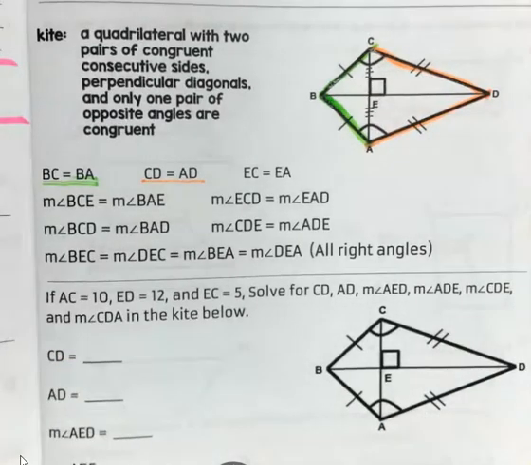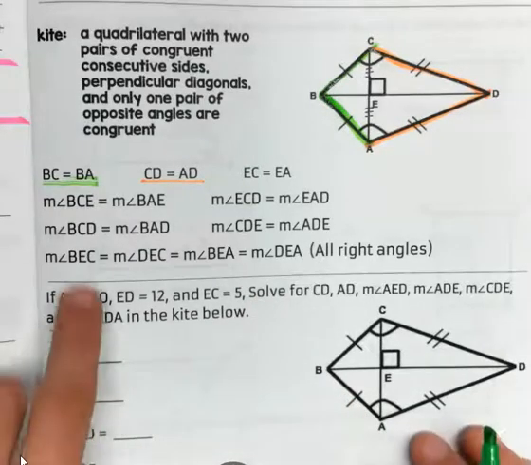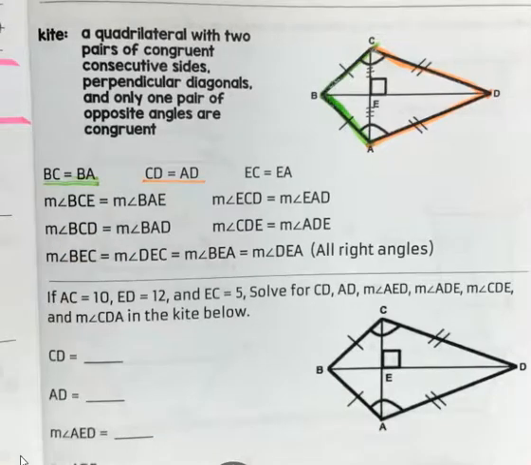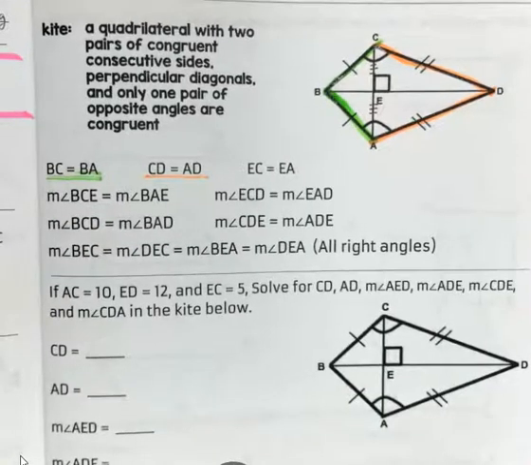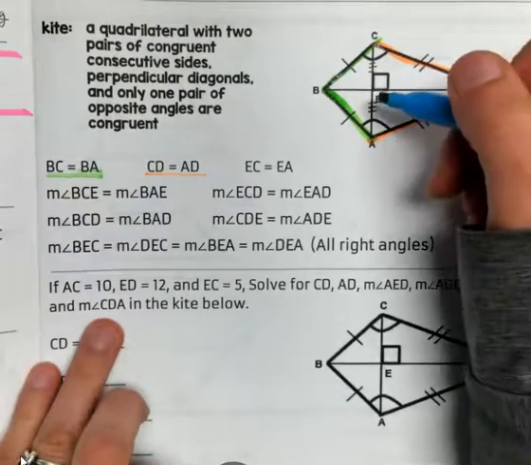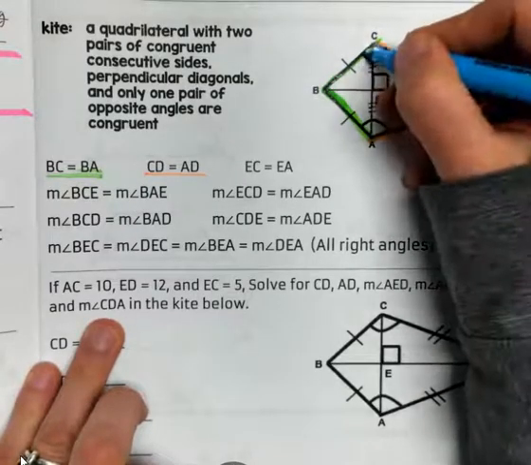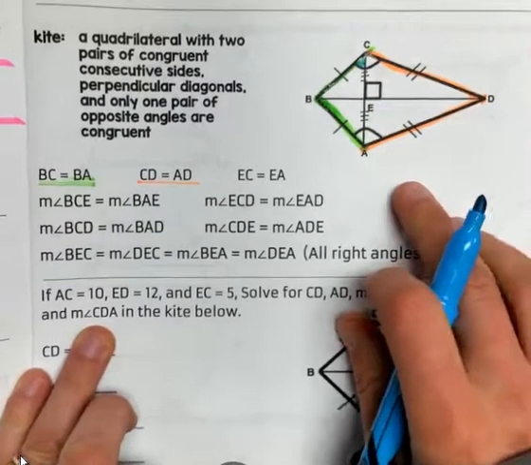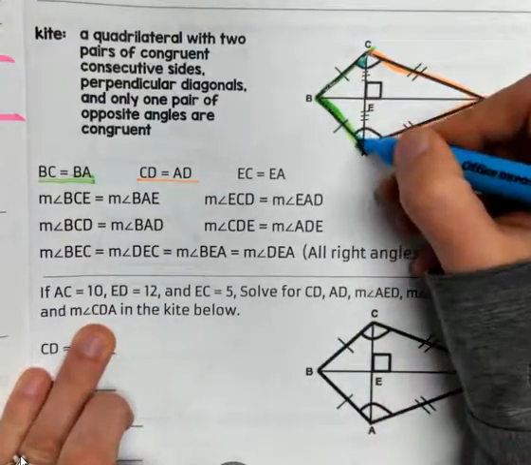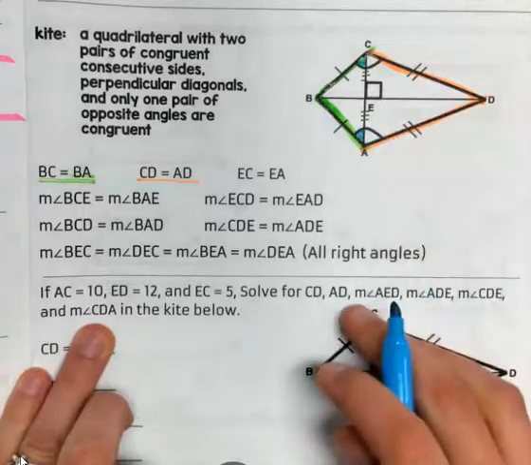Those two are also going to be equal. Next, we've got our angles. All right, so angle BCE is equal to angle BAE. So BCE, that's this angle right here. That part is in blue, is going to be equal to this part right there.